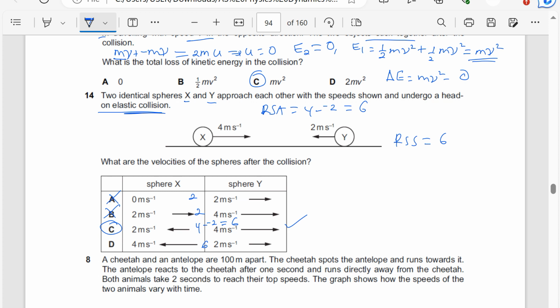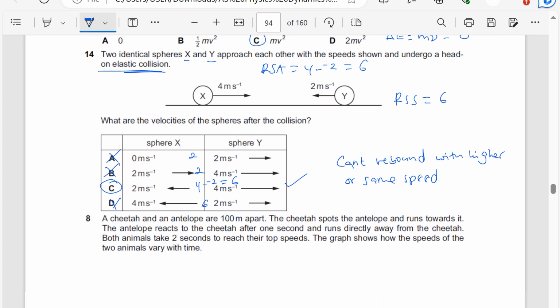So it can't rebound, because x was moving with 4 meters per second. On rebound, it can't rebound with a higher or same speed. There must be an exchange of speeds.